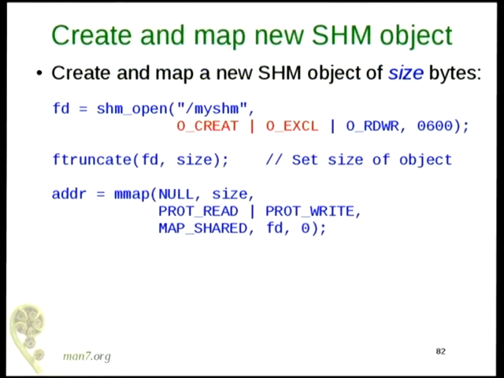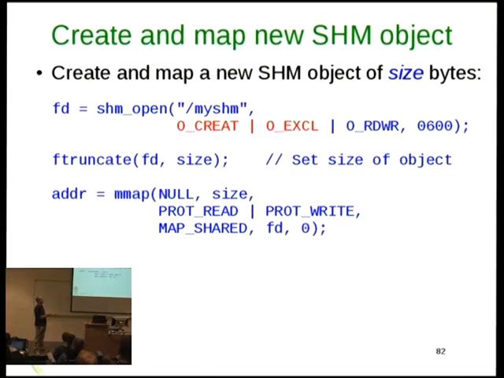So, an example there, creating and mapping a new shared memory object of size bytes. I say shared memory open, give my path name. I want to create it exclusively for reading and writing, with permissions for reading and writing by the owner only.